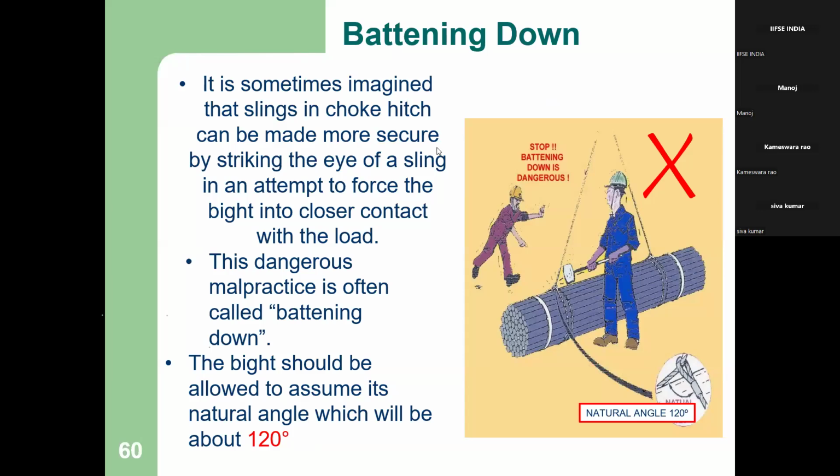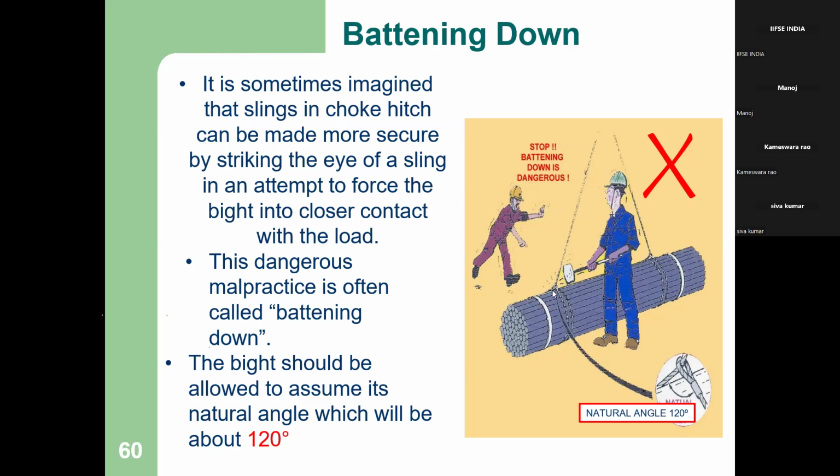See here the phenomenon of battening down. Now this battening down, you can see, is when you are lifting a load, sometimes you don't get the proper tightening of the load that is to be lifted here.